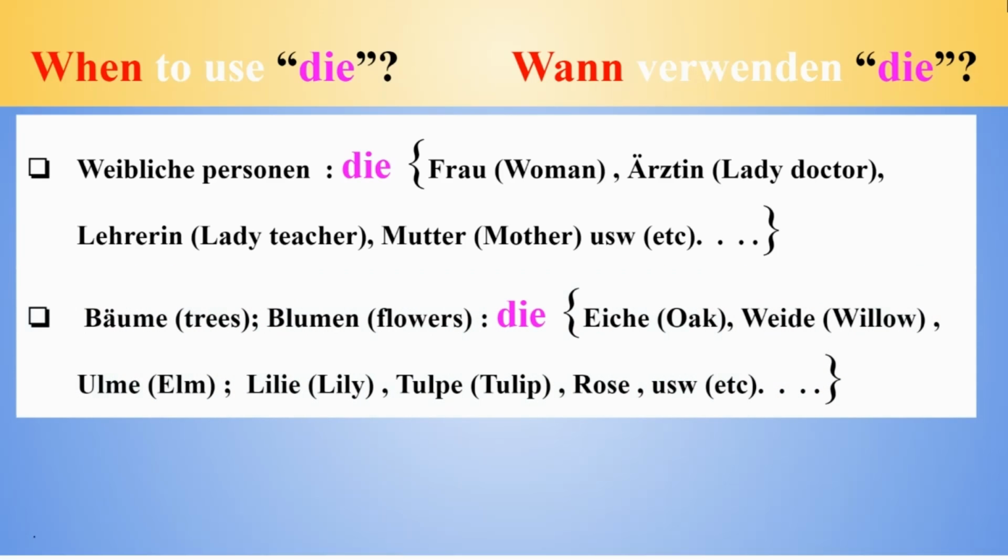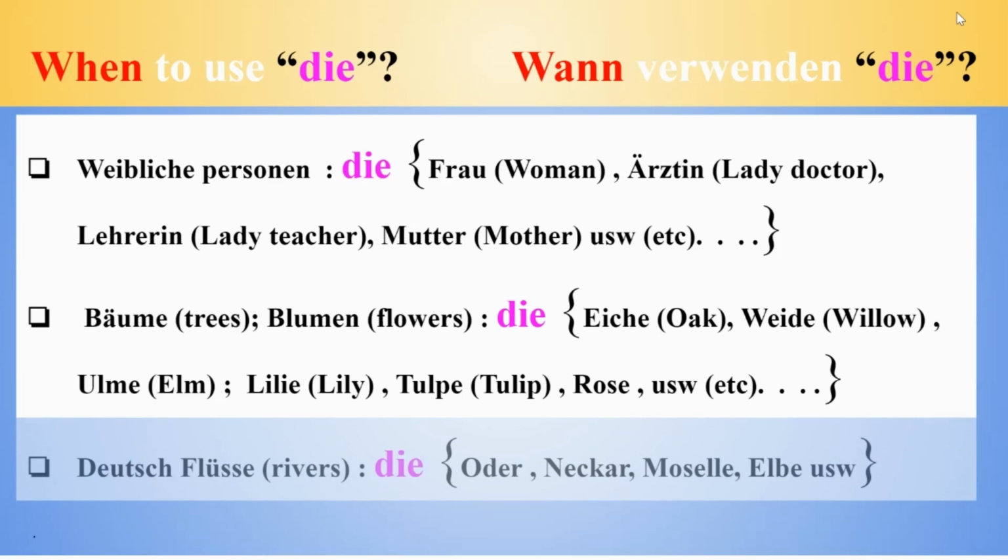In case of Bäume or Blumen, die Eiche, die Weide, die Ulme, die Lilie, die Tulpe, die Rose und so weiter. Deutsche Flüsse, die Oder, die Neckar, die Mosel, die Elbe und so weiter.